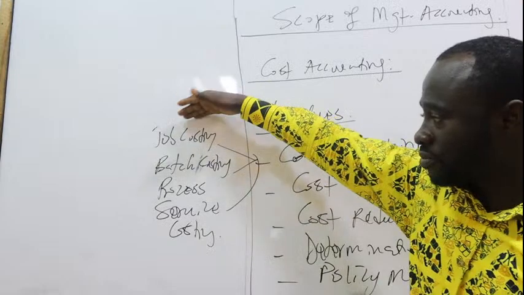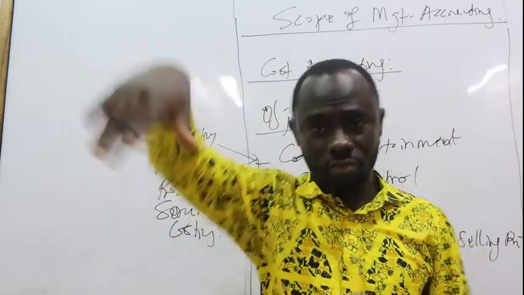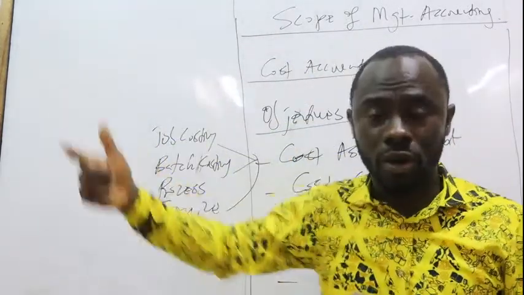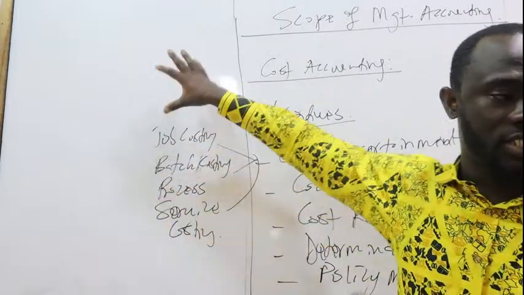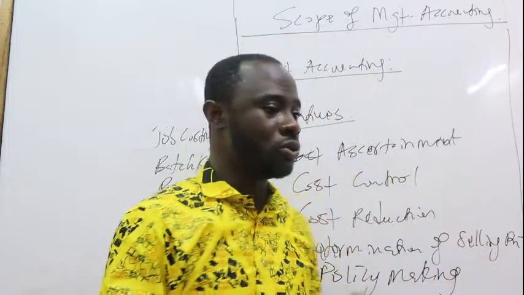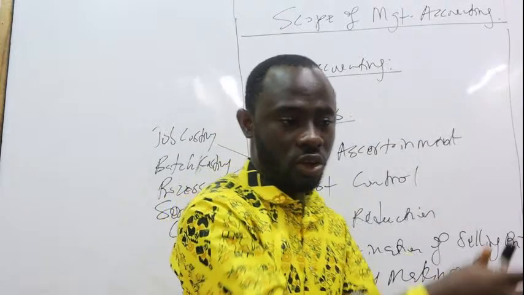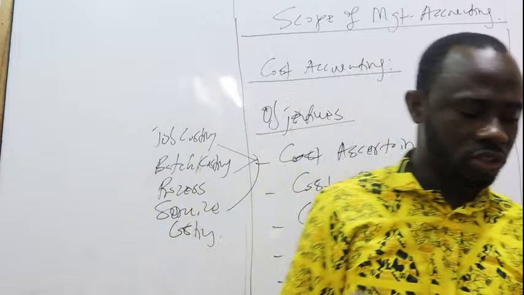Now, these things are cost methods, and we'll be looking at them sometime later on if we need to. Job costing, batch costing, process costing, service costing. These are all part of the fundamental issues you need to understand when it comes to management accounting. So that is cost ascertainment.